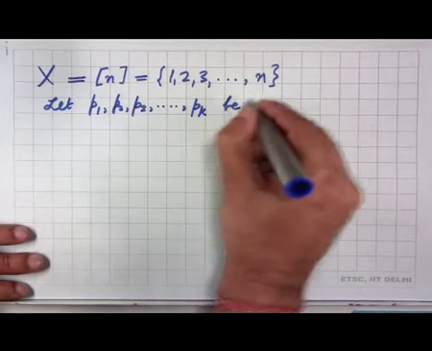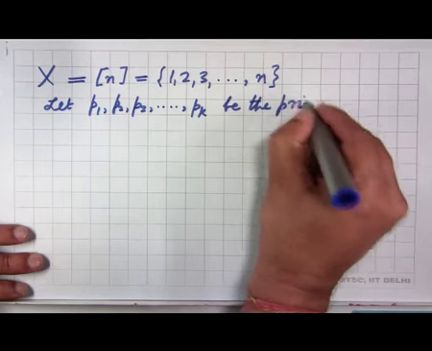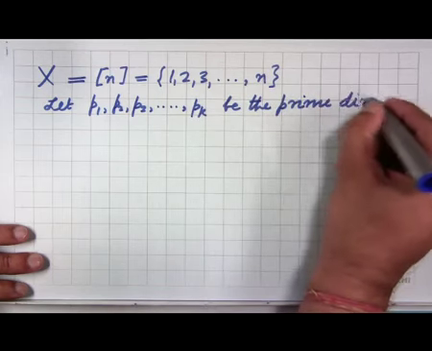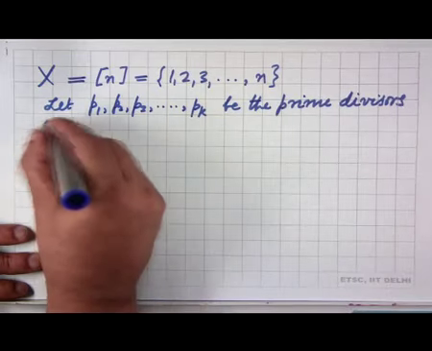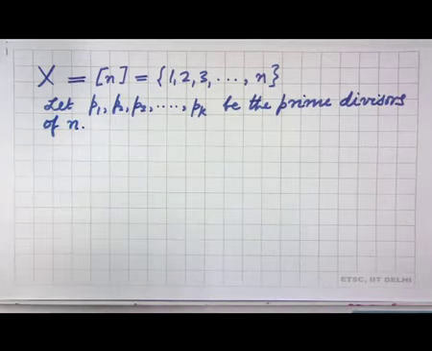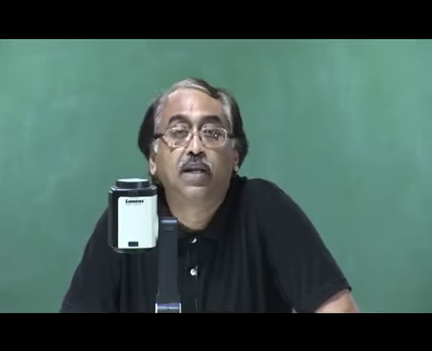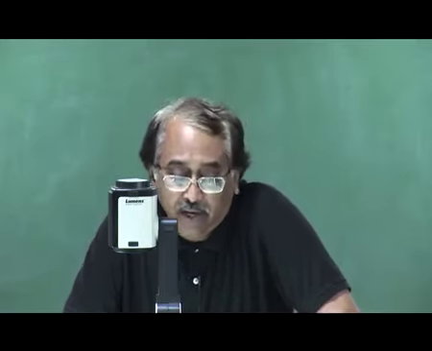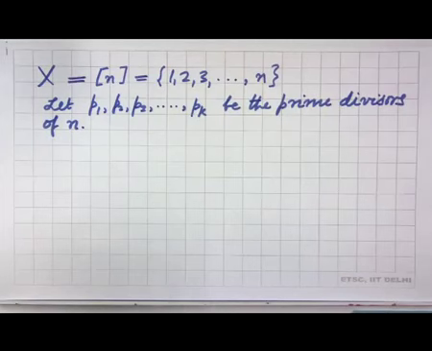Let these be the primes, the prime factors, prime divisors of n. The number of prime divisors of n is something that one can't really figure out, and therefore I cannot predict for you how many of these primes I'm going to write down. If n is greater than 1, if n is not 1, that list will include at least one prime. At any rate, I've written down the list of all prime divisors of n. So for example, if n is 12, that list will include only 2 and 3. And if it is 10, it will include only 2 and 5.